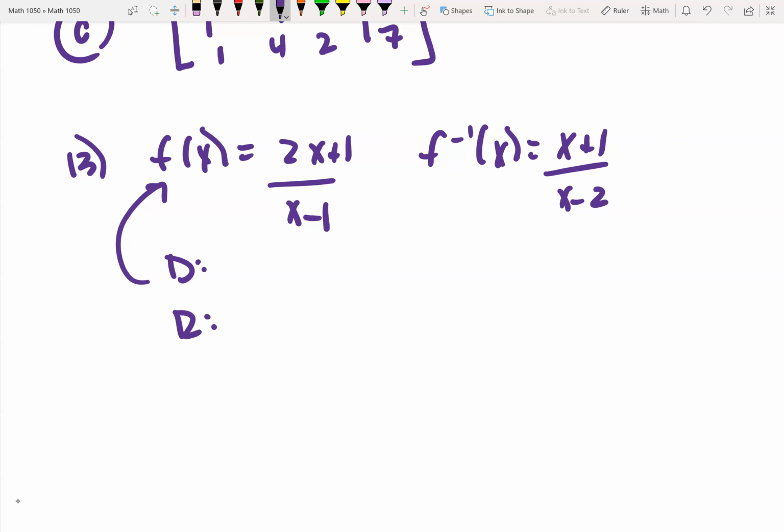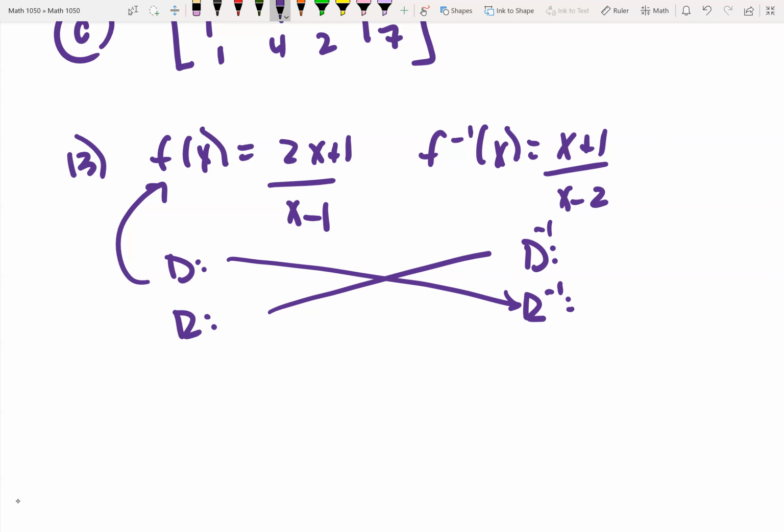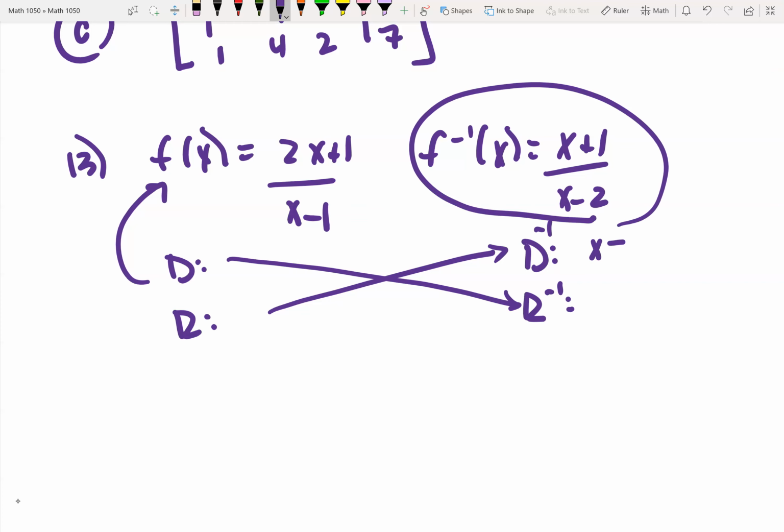Well, the range of that guy is the domain of this guy, because remember this happens. So domain of inverse, range of inverse. So the domain of the function is the range of the inverse, and the range of the function is the domain of the inverse. So if you look at this inverse, the domain is x can't be 2. So now that has to match this. So the range is y can't be 2.